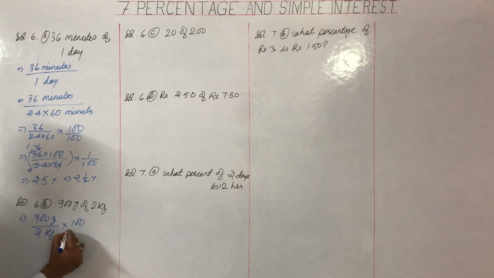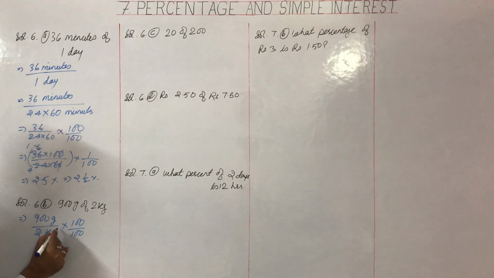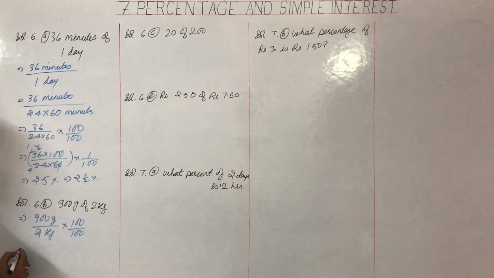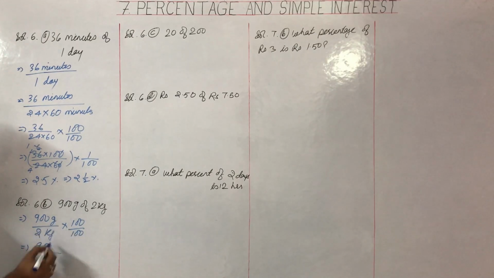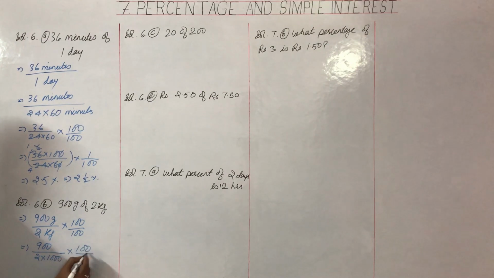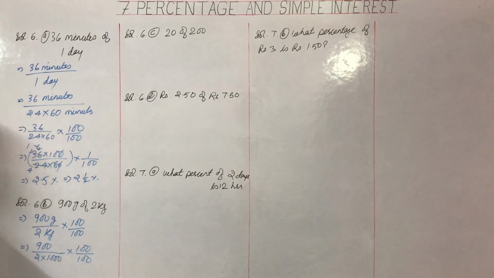So write 100 and 100, multiply this fraction by 100 and 100. Then again we have to change the unit, or balance the unit. Balance the unit means we have to write these two things in the same unit.